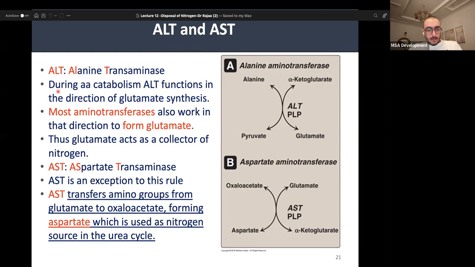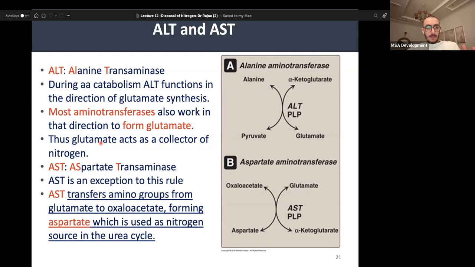One thing in this slide that I didn't mention: I told you that the two main examples of transamination are ALT and AST. Most aminotransferases, or most transamination processes, will work in the direction of glutamate.